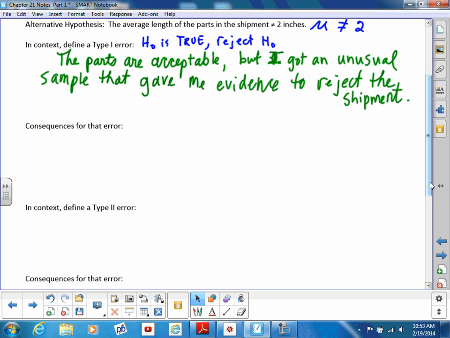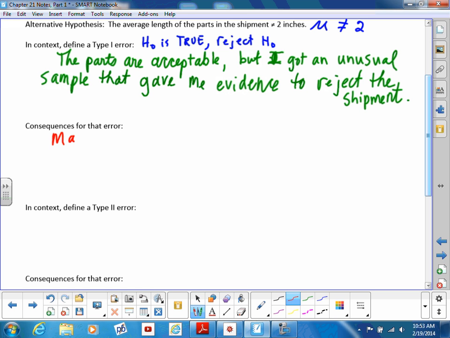What's the consequence for that error? Who is that bad for? Who is wholly not wanting that to happen? The manufacturer, the person that is sending you the shipment, does not want that to happen. So here's the consequence.